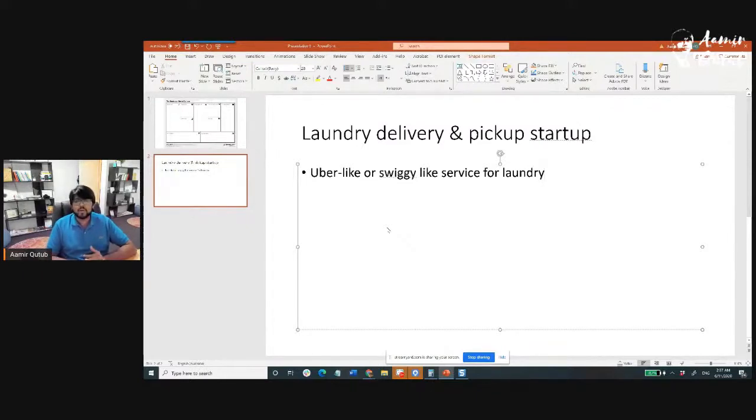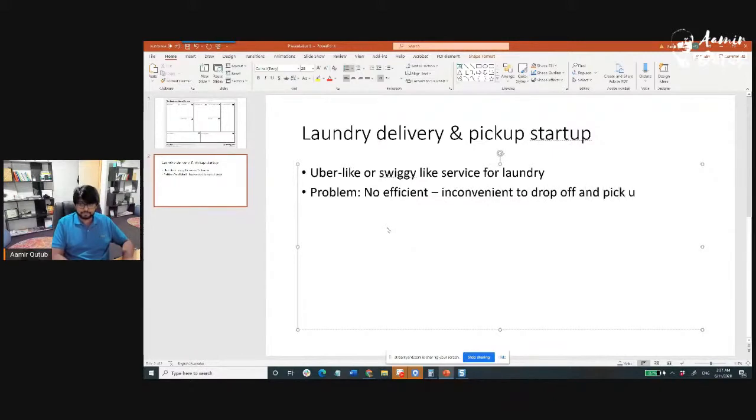So the very first question that you need to ask about any startup before you start that startup is, what is the problem that you are going to solve? In our case, the problem is that people need laundry services, but there's no efficient way, and getting to a dry cleaner is very inconvenient, to drop off and pick up laundry.